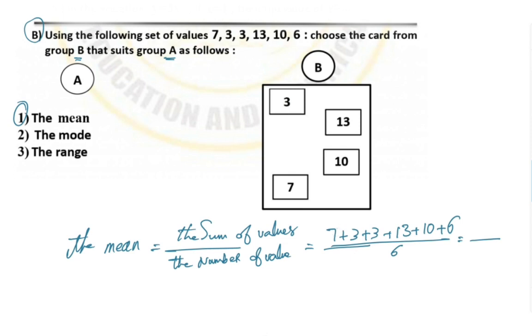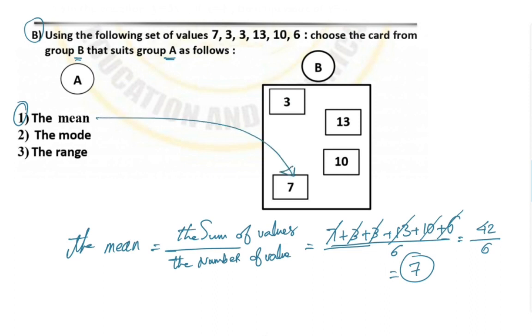We have 7 plus 3, 10, plus 3 is 13. 13 plus 13 equals 26. 26 plus 10 equals 36. Plus 6 equals 42. With me? Okay, now over 6. 42 over 6 equals what? What is the number that multiplied by 6 equals 42? It's 7.